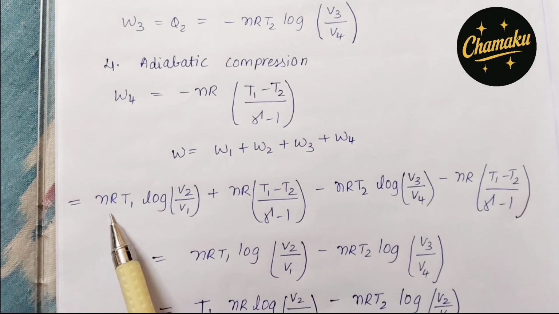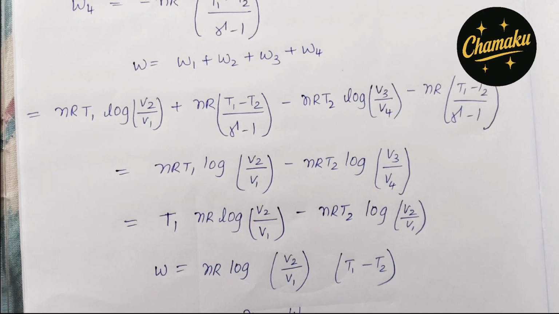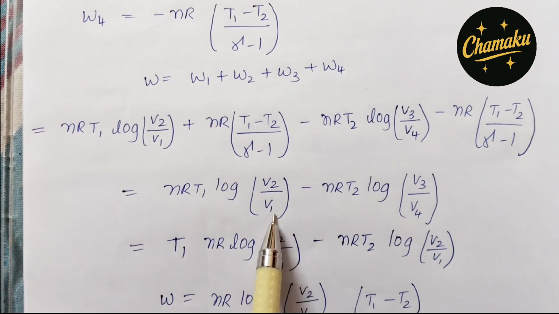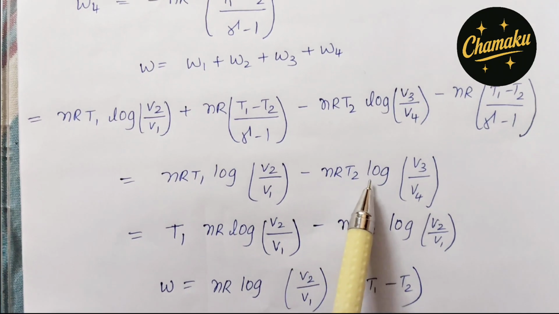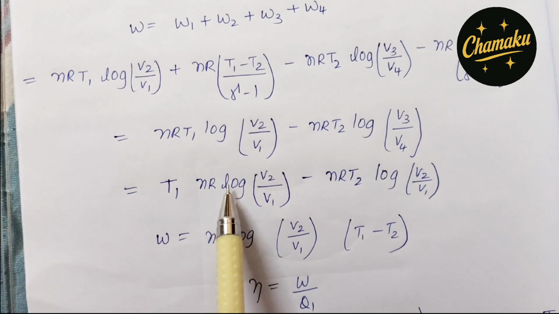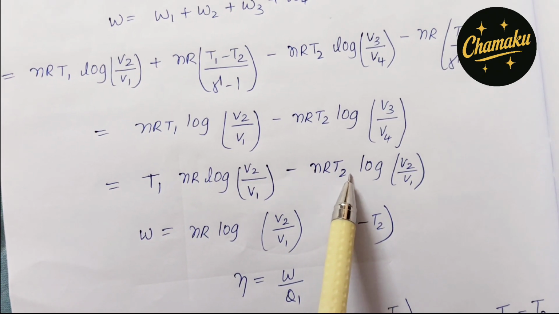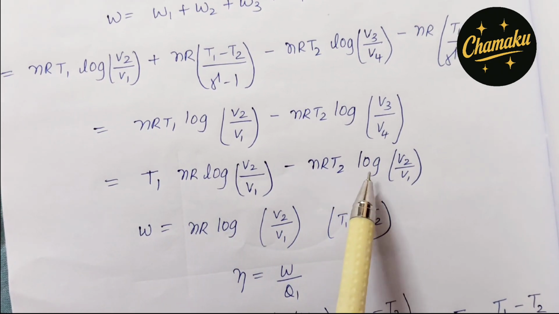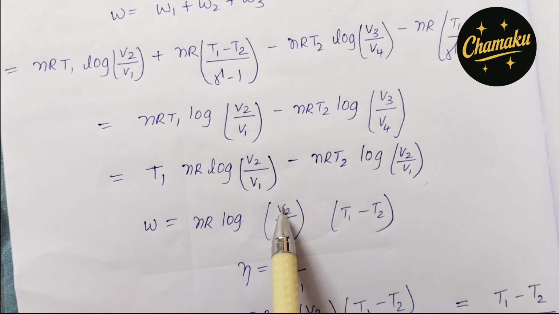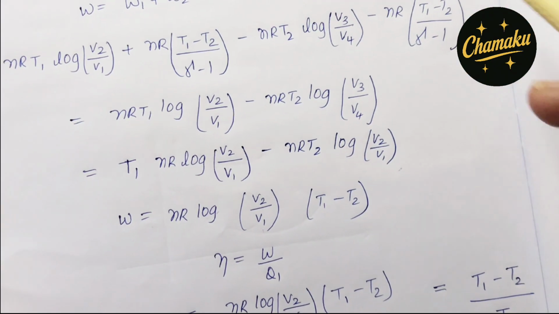After writing all four equations, we have to write the remaining: nRT1 log V2 by V1 minus nRT2 log V3 by V4, and again T1 nR log V2 by V1 minus nR T2 log V2 by V1. So work done is equal to nR log V2 by V1, and therefore T1 and T2 are there, so T1 minus T2.